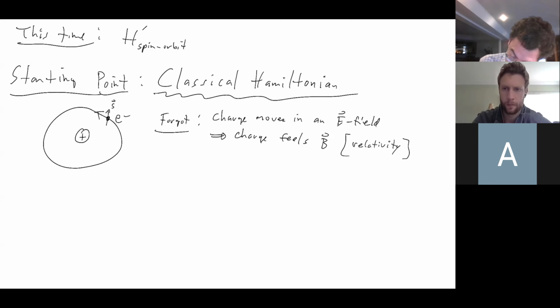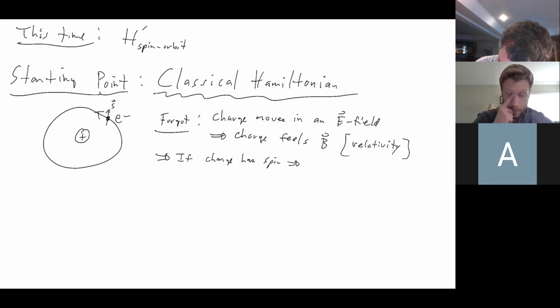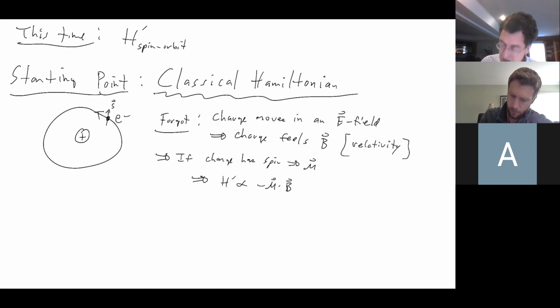And then if the charge feels a B, and if the charge has spin, then the charge has a mu, and then there's an energy, negative mu dot B. All right, because if I have a magnetic moment in a magnetic field, then there's an energy, and that's the energy that you forgot.